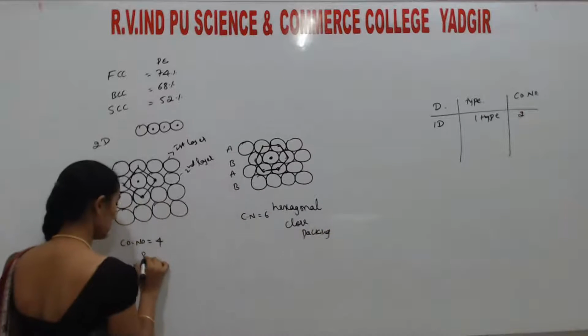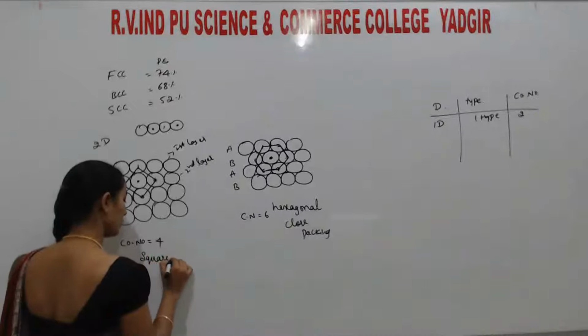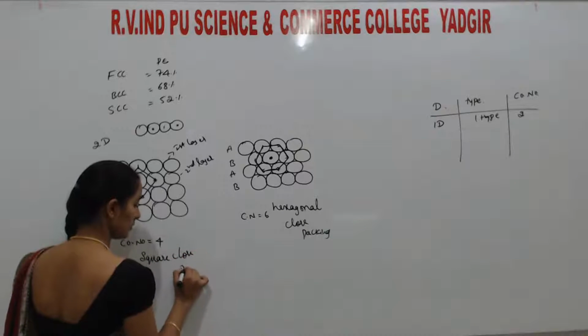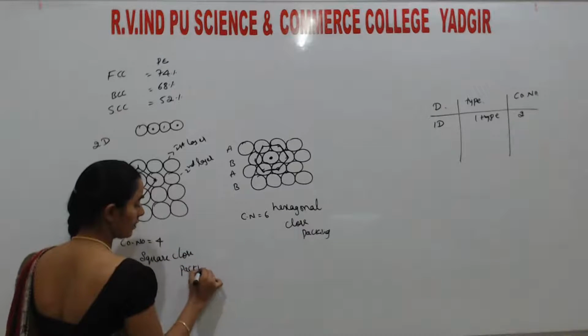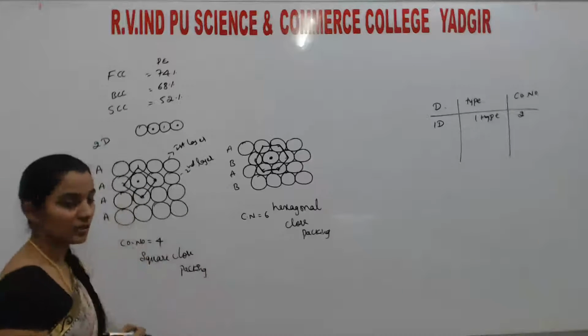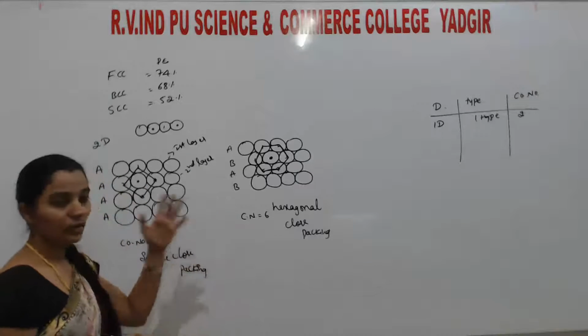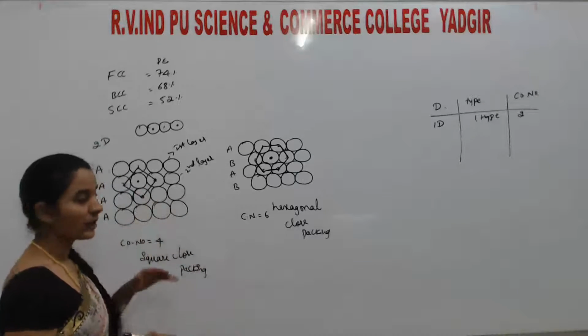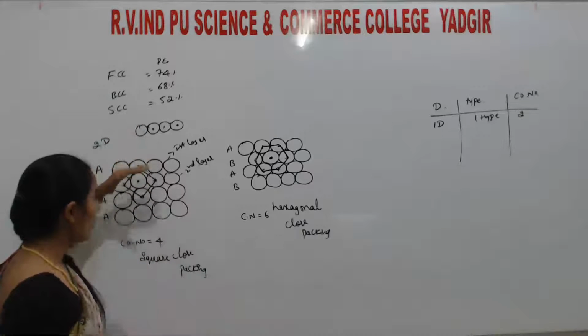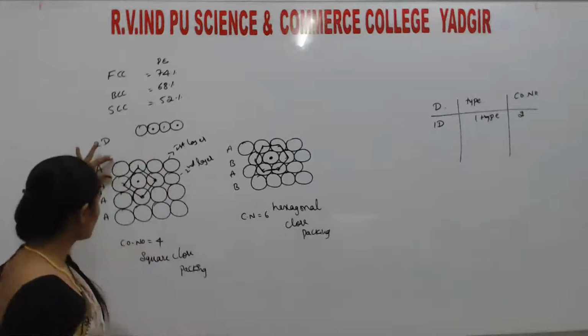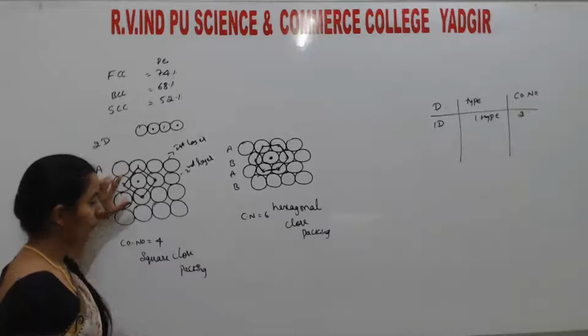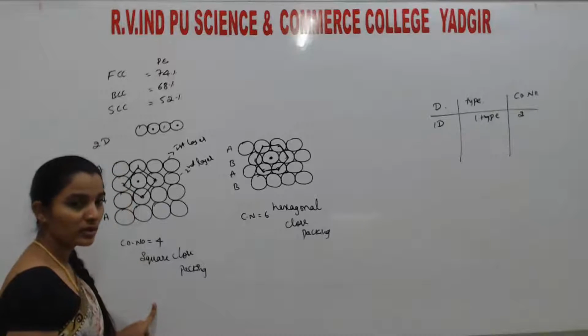This is square close packing. In one dimension, these types of structures are there. Square close packing means one dimensional structures are arranged in line. If it is exactly above the first layer, then the square close packing structure will form.